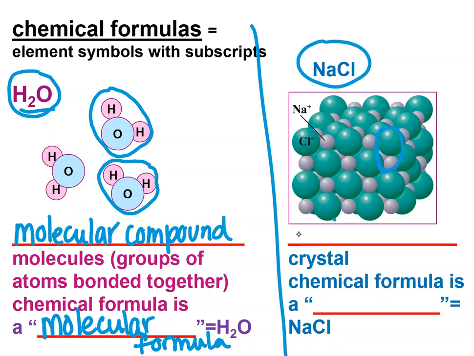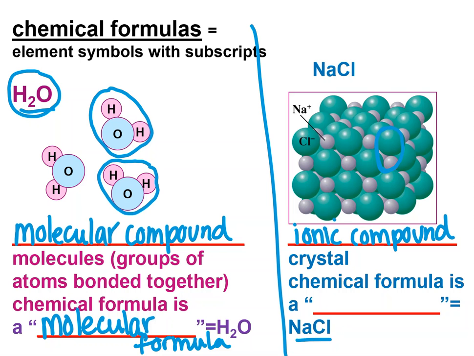We call these ionic compounds. And so its chemical formula is not a molecular formula because these are not molecules. These are crystals of ionic compounds. We would say a crystal lattice, a very specific structure.